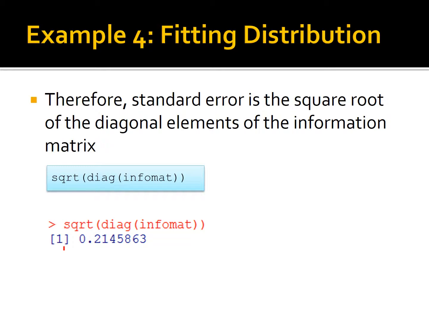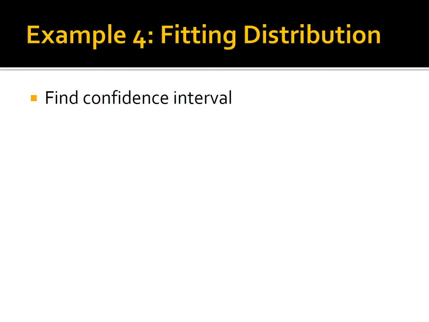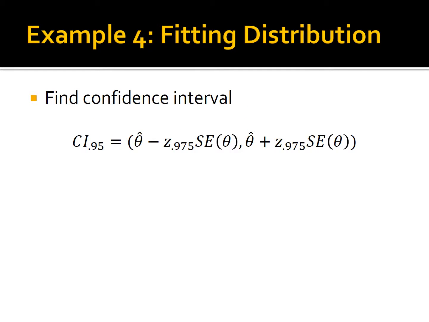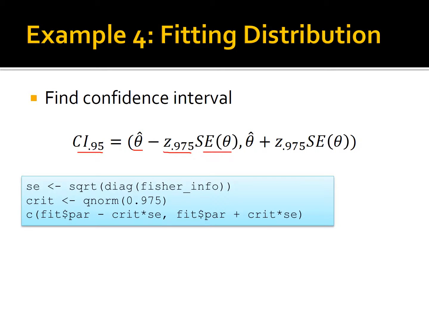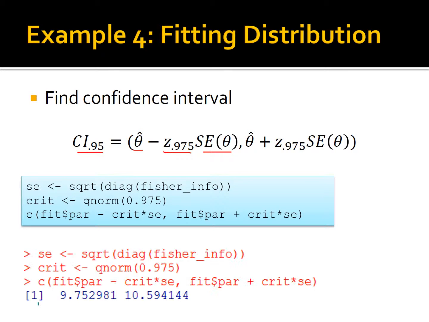Okay, so the standard error would be 0.214, and we can use 0.214 to find the confidence interval. So the confidence interval would be the estimate plus or minus the critical value times the standard error, right? We can write it out, and then we get the confidence interval of 9.75 and 10.59. So you can go back to see the script later.